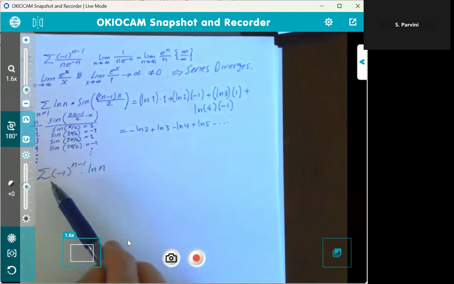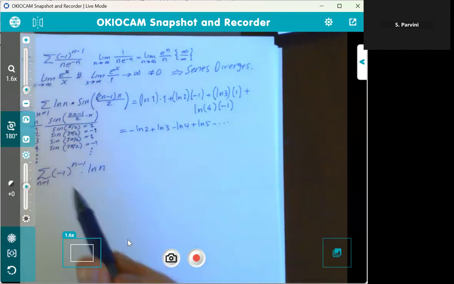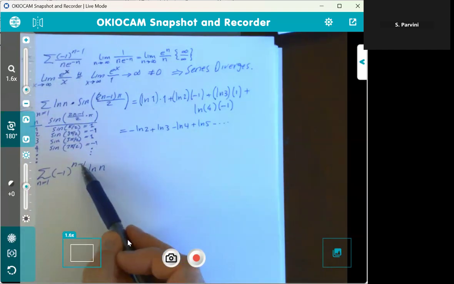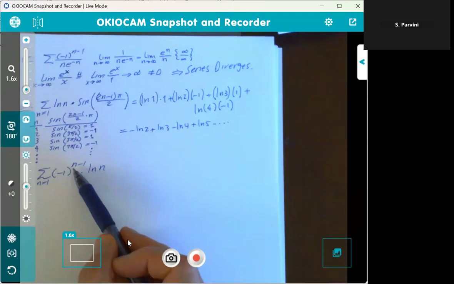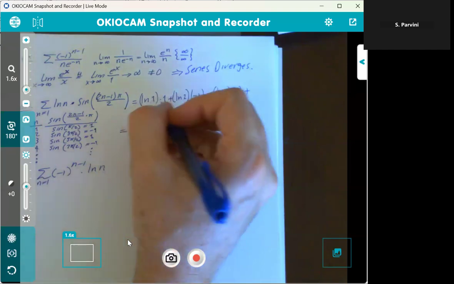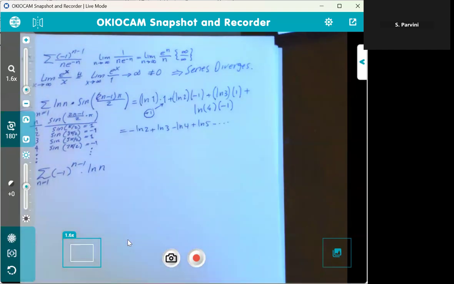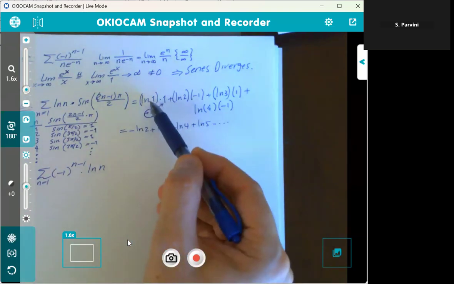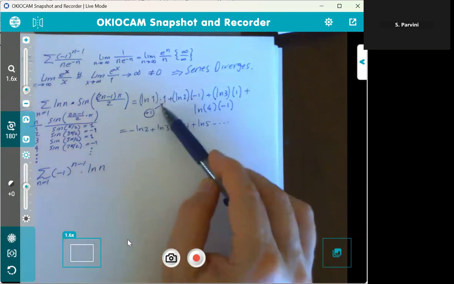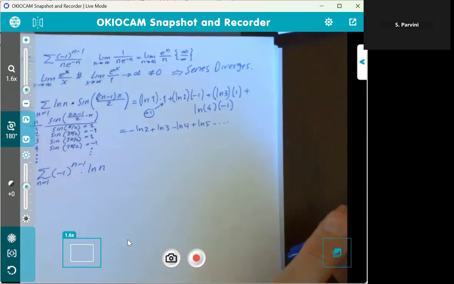And again, why is it negative 1 to the n minus 1 and not negative 1 to the n? Because when n is 1, you get 1 minus 1, which is 0. Negative 1 to the 0 is positive. And that was the beginning of this series. Remember, I started with 1. This was a positive 1. And it just so happened that times ln of 1 became 0, but the sign starts positive. And there you have it. So this works.